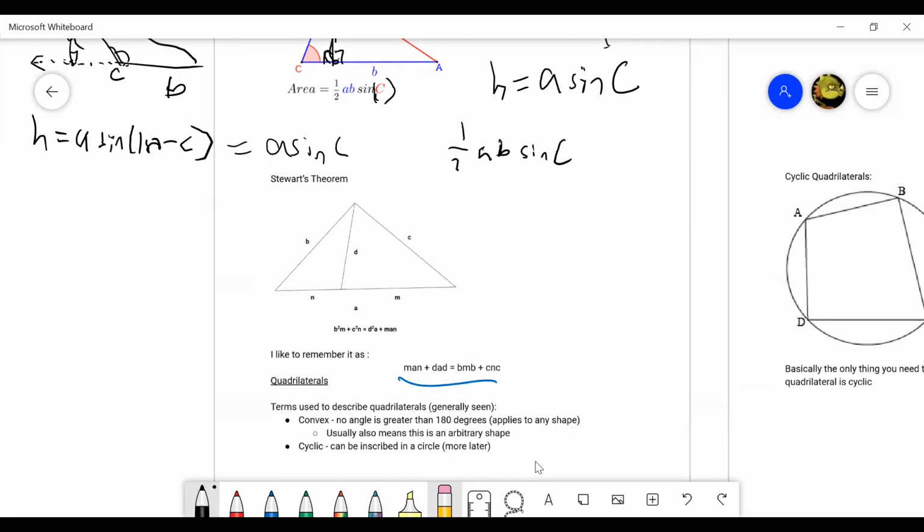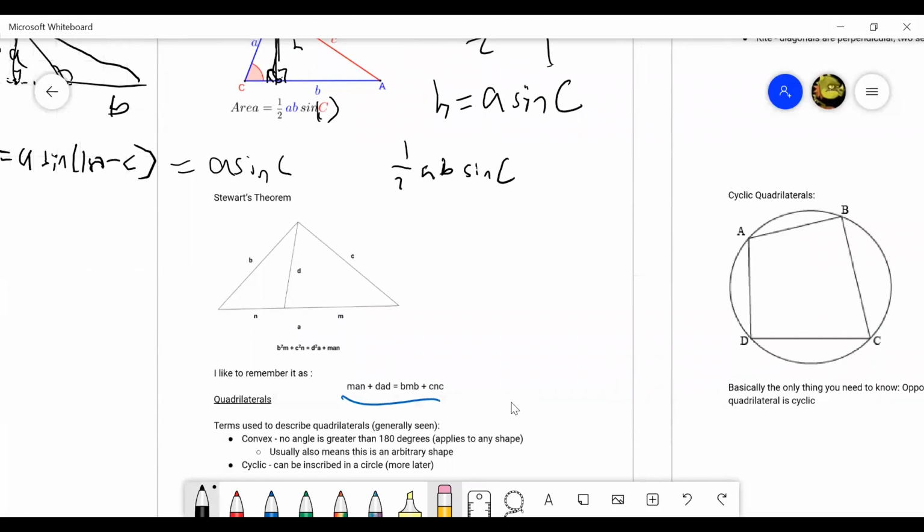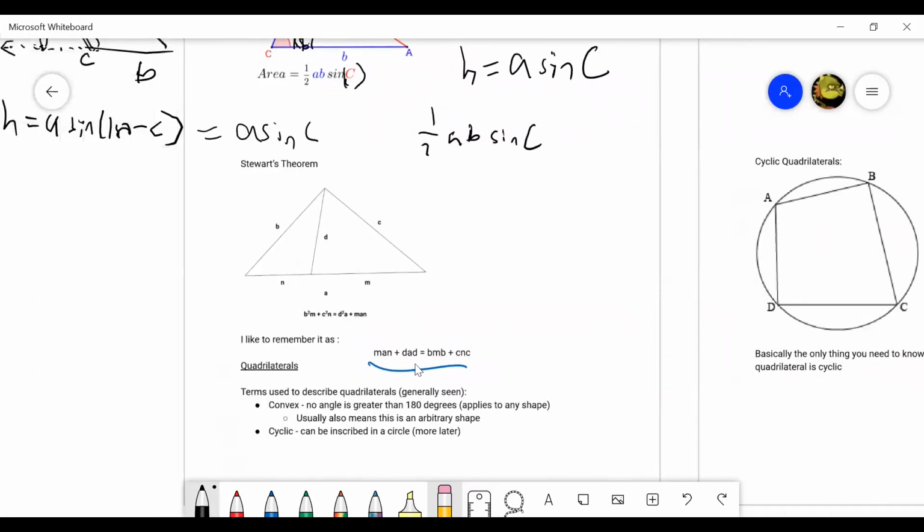And this one seems kind of random at first glance, because there really doesn't seem to be anything holding the sides together in the equation. The idea behind this is the law of cosines, and it takes advantage of the fact that these two angles are supplements, and the cosine of 180 minus an angle is equal to the negative of the cosine of the angle.